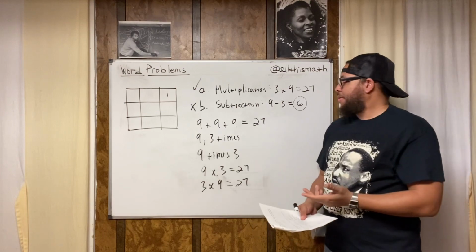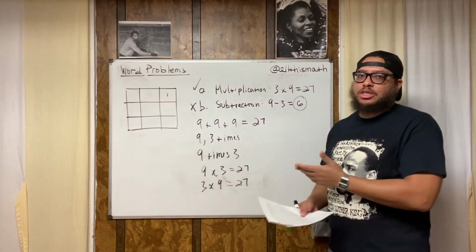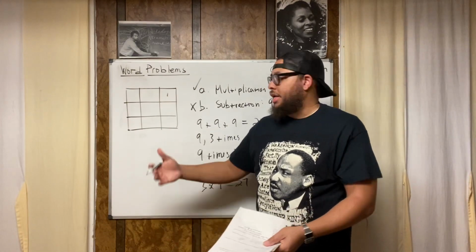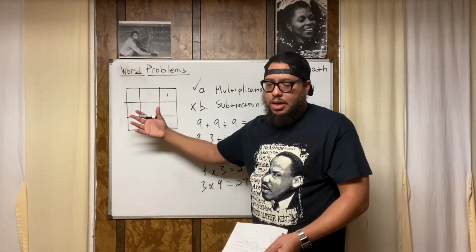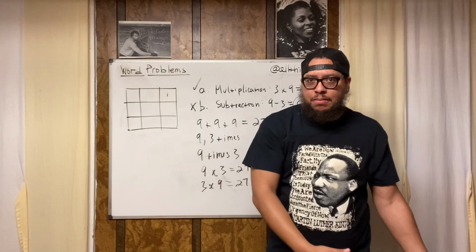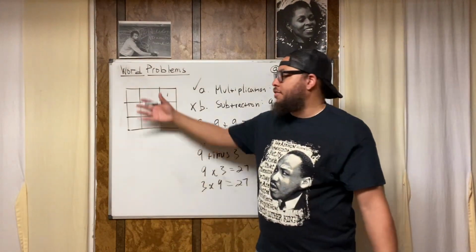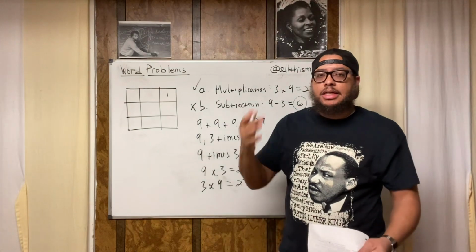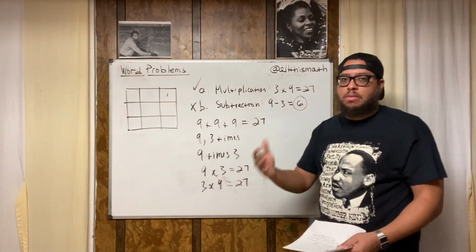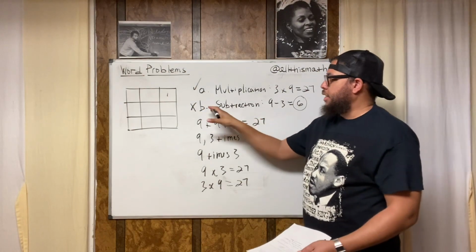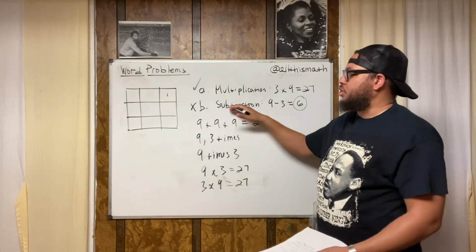How is 6 squares going to be enough if it takes 9 squares just to make 1 quilt, and he wants to make a whole 3 of them? How would 6 be enough to make all 3 when 6 isn't even enough to make 1 of them? These are the questions you've got to ask yourself when you're doing math homework and when you're doing these types of questions. And also understand why answers are wrong.